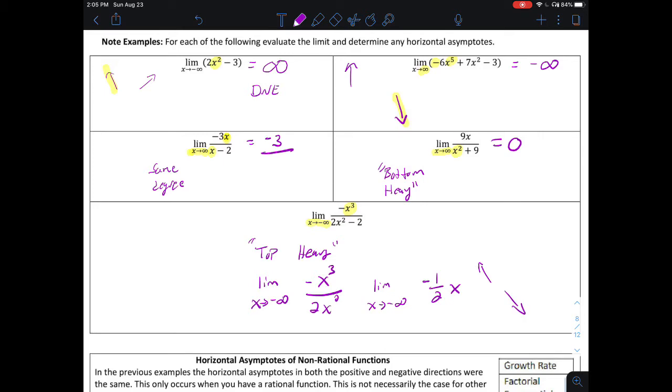So it's going to behave in that manner. And since we're looking at heading towards the left, because x heads towards negative infinity, we're looking at this left side, which means graphically, this original limit would be heading towards positive infinity. It'd be increasing without bound as you continue to go to the right, or excuse me, as you continue to go to the left.